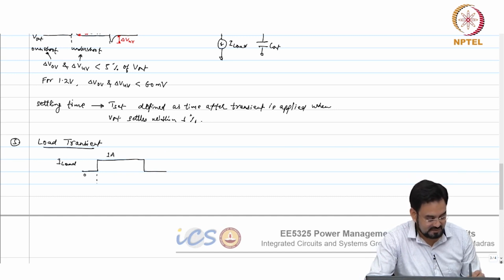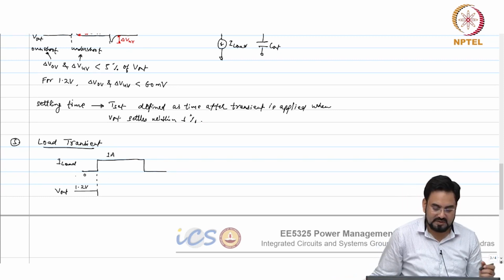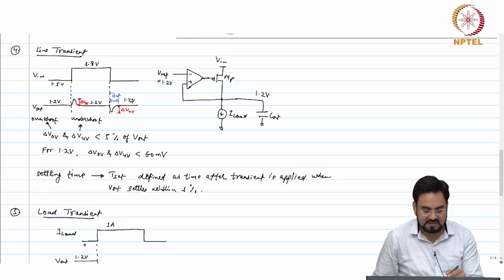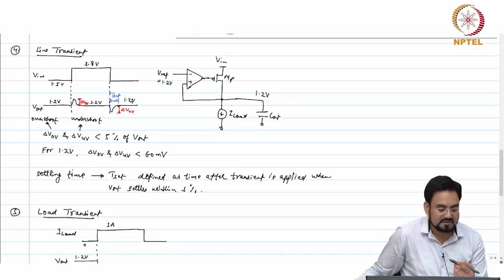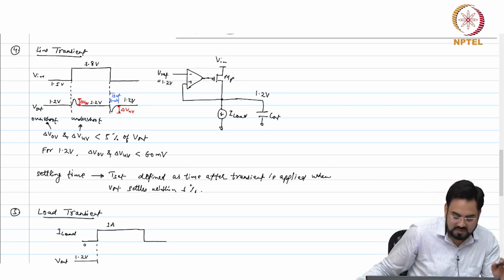Okay. So, what would happen if this is my V out, again let us say 1.2 volt, when you apply the load current? Your output is regulated and there is no load current, or you can say very small load current, maybe order of milliamp or microamp.